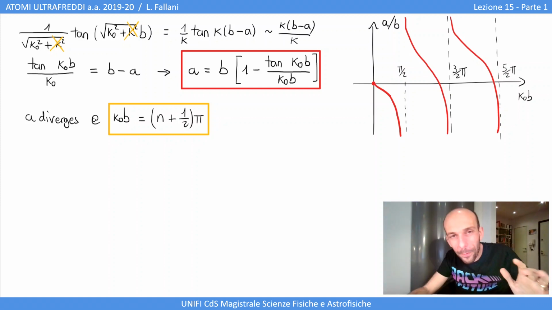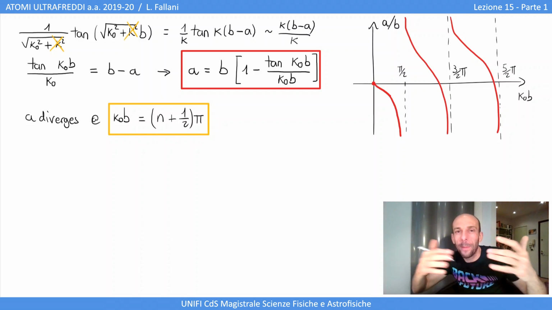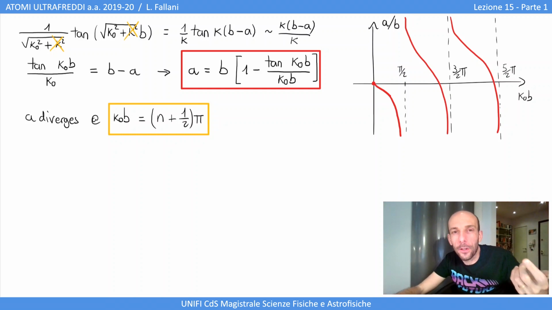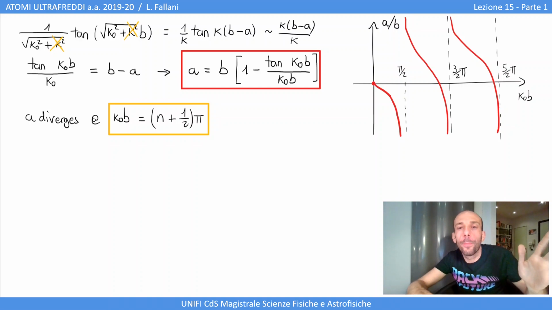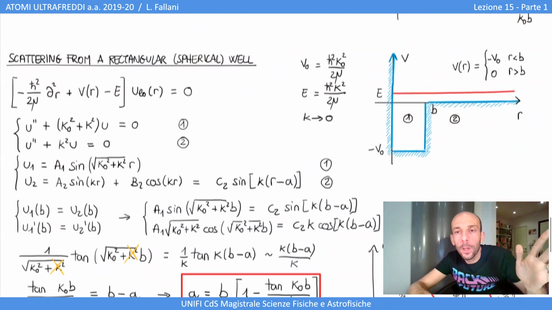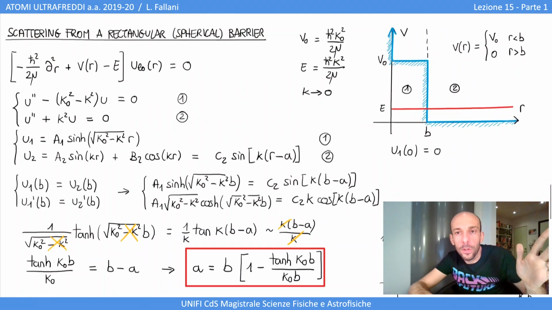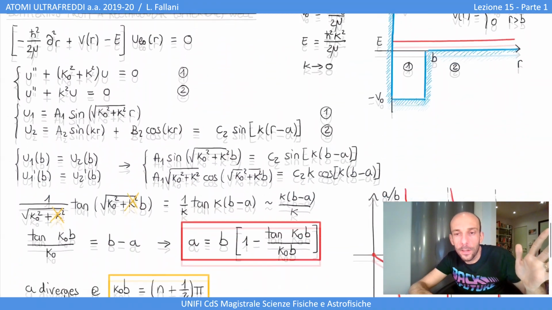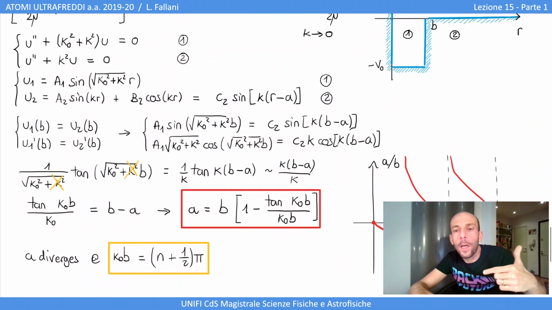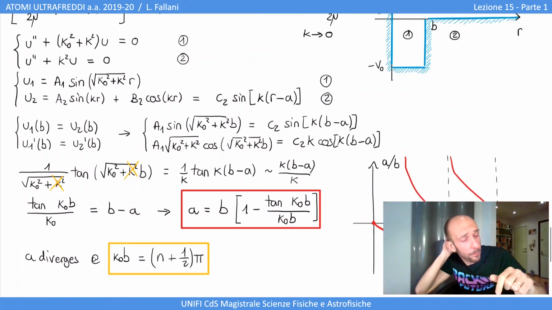So, before looking at what happens with Mathematica, let's think about what is different from the potential barrier to the potential well. It seems that the problem is rather similar, so the potential looks similar in the two cases, only a sign is different. Why should we have this resonant behavior?